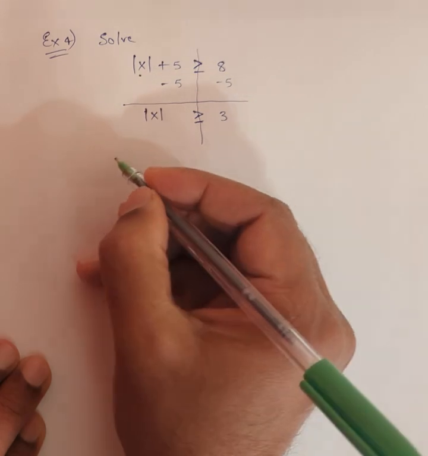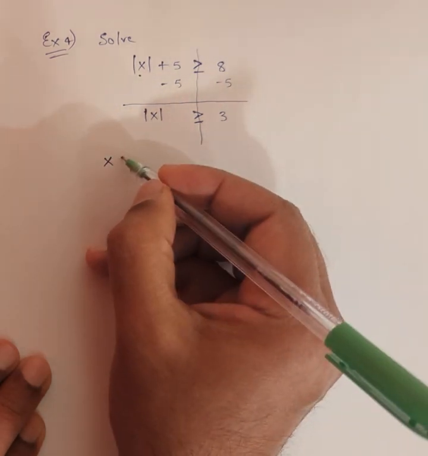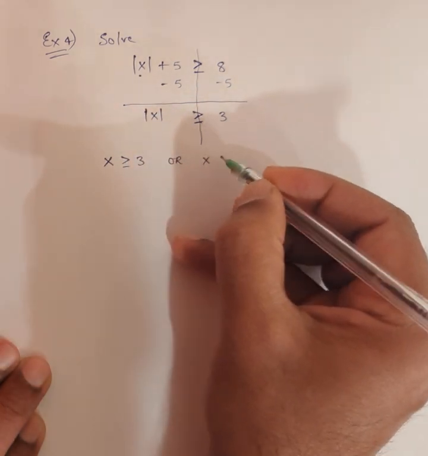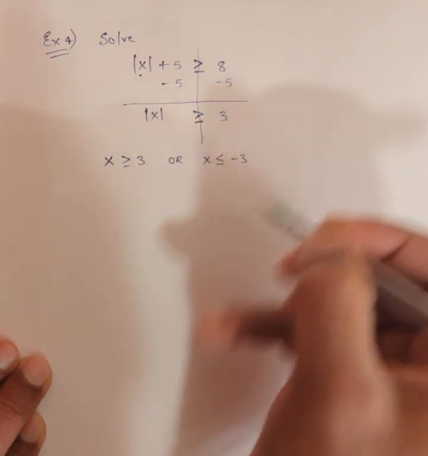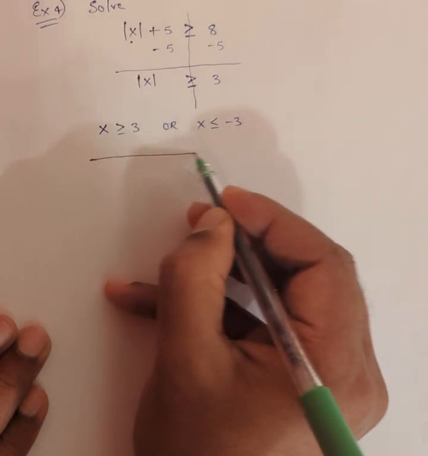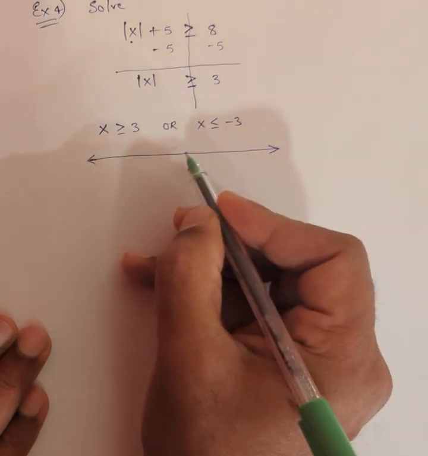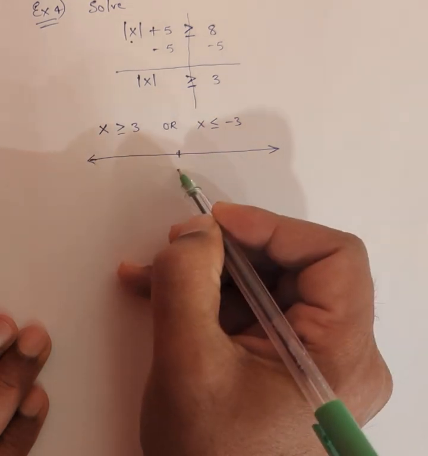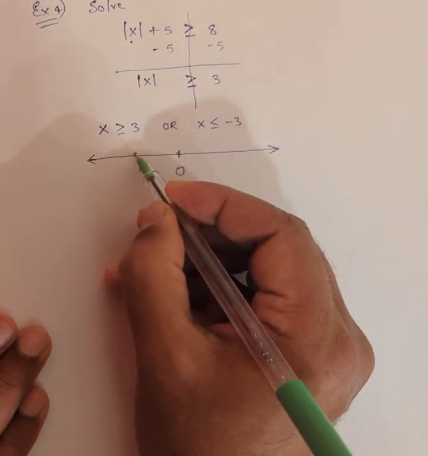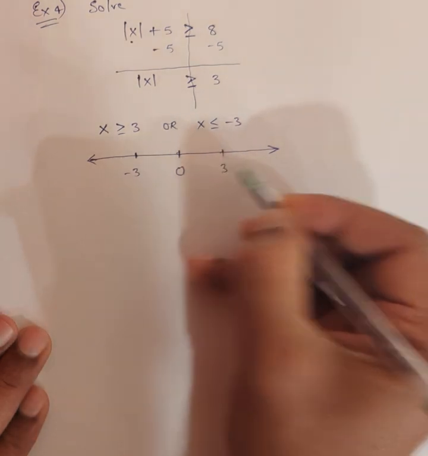So now I can write down my solution, which is x greater than or equal to 3, or x less than or equal to negative 3. And then let's graph the solution on the number line. Draw the number line. It provides a great visual. Negative 3 will be on the left side of 0, positive 3 is on the right side.